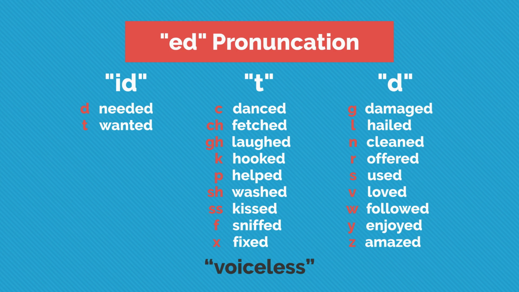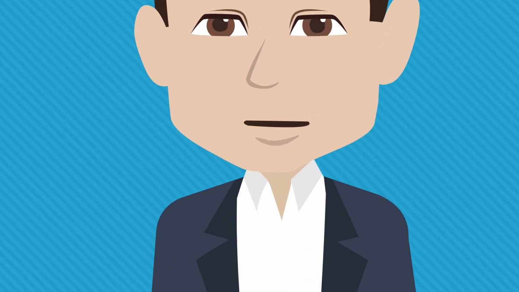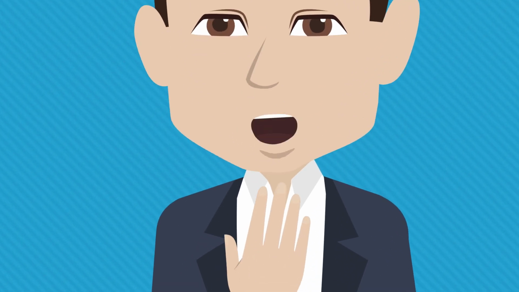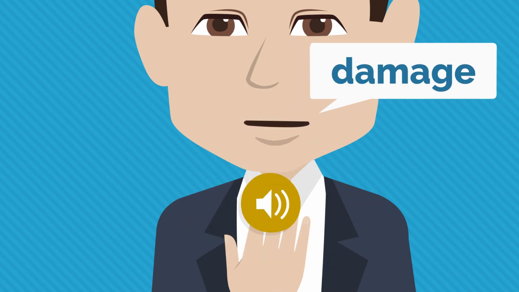An easier way to recall the pronunciation of words in this column is that they are called voiced words. Unlike voiceless words, you primarily use your throat to pronounce the word. For example, if you place your hand on your throat and say the word damage, you can feel a vibration in your throat.